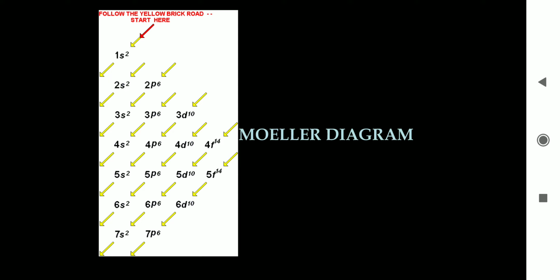The increasing order of energies of orbitals observed from this figure: 1s < 2s < 2p < 3s < 3p < 4s < 3d < 4p < 5s < 4d < 5p < 6s < 4f < 5d < 6p < 7s < 5f < 6d < 7p.